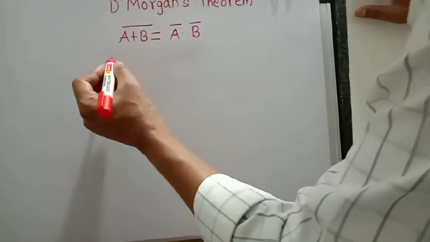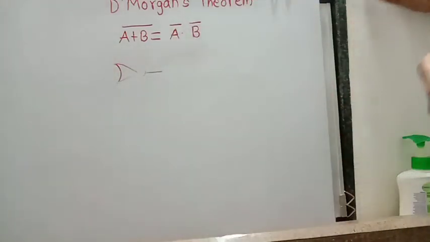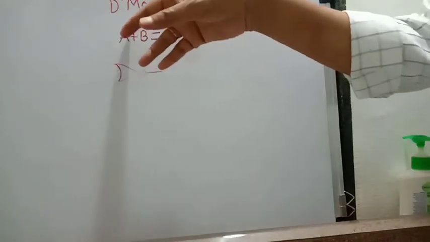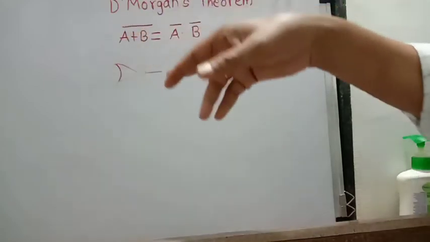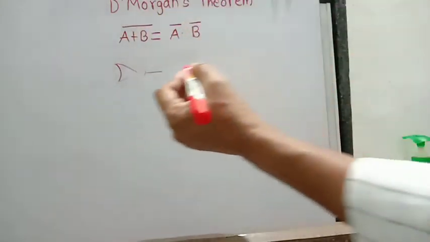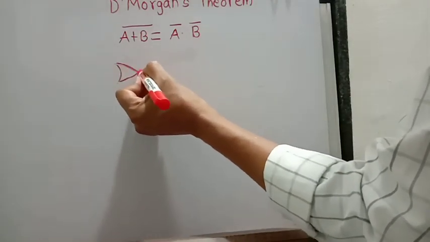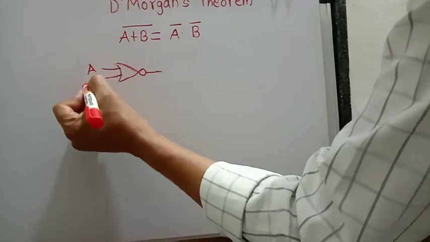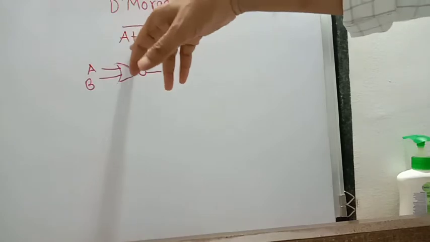So for the LHS side, we can draw a NOR gate, because the equation of a NOR gate is (A plus B) bar.